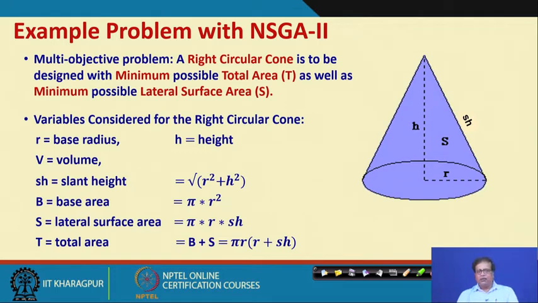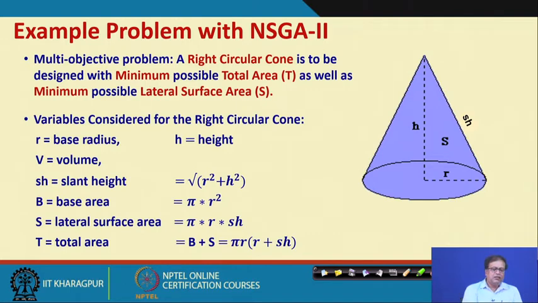Today's lecture we shall understand that with examples. So, let us take a very ordinary and simple problem. Supposing there is a right circular cone, and we have to design this right circular cone with minimum possible total area and minimum possible lateral surface area, obviously with regard to certain constraints of the height and the radius.